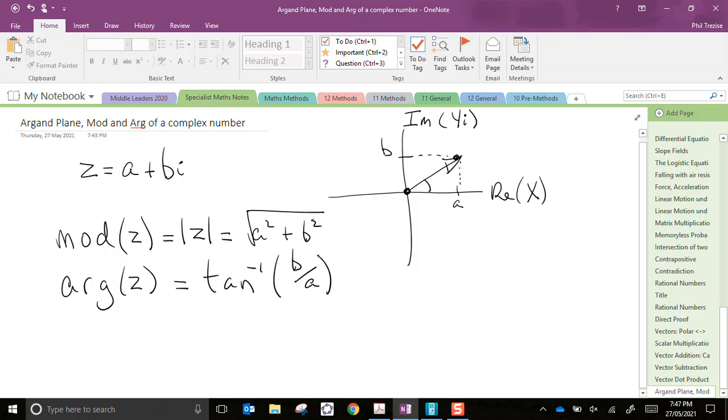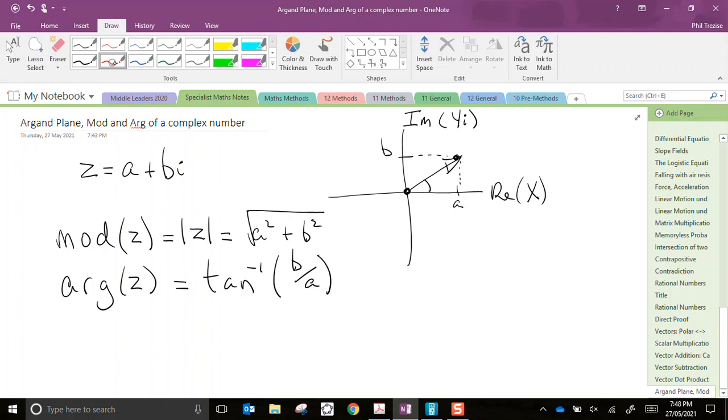That's, in a nutshell, what the Argand plane is about. There is a real axis horizontally, labelled capital X. There is an imaginary axis vertically, labelled capital Yi, and then a complex number such as this one here that I've got, z, can be represented on the Argand plane as a vector.